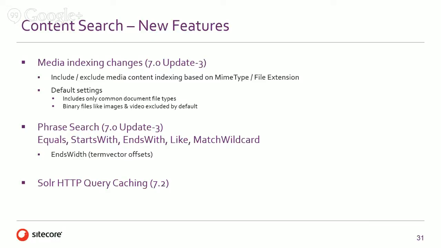Stephen was mentioning earlier that we had added Solr HTTP query caching as well to get more performance out of your Solr setup. So that's definitely something you should consider turning on, and that's just a config switch.